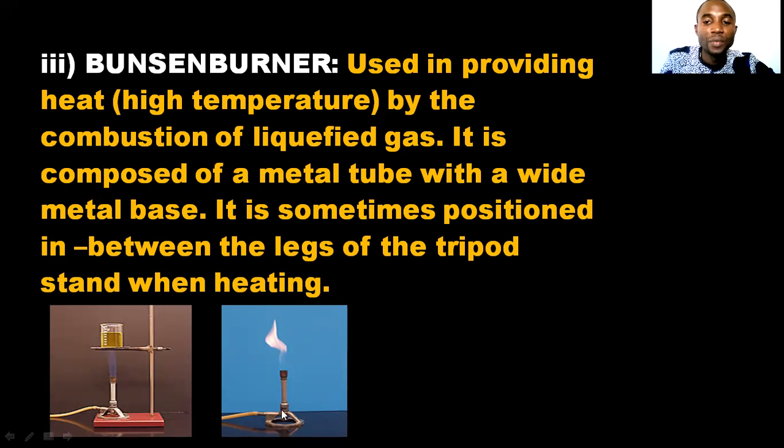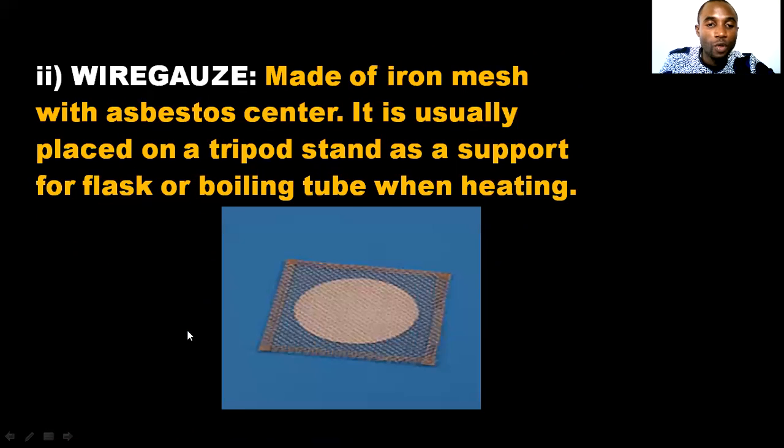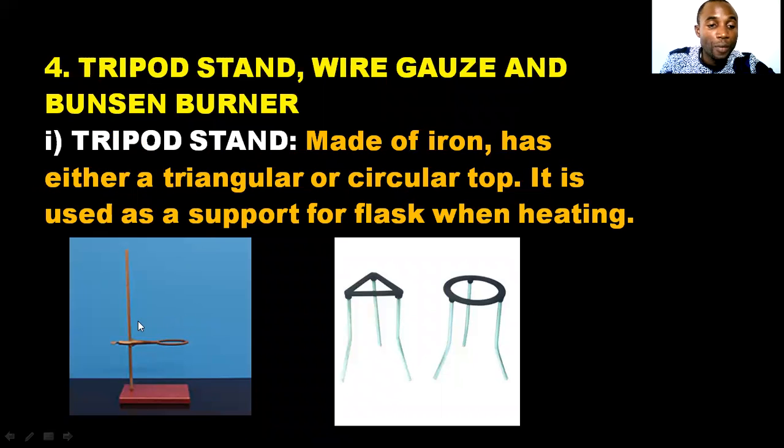It is sometimes positioned in between the legs of the tripod stand when heating. So this is also a tripod stand, a tripod stand that has the circle space. Look at this. This is also a tripod stand, and we can also use it.